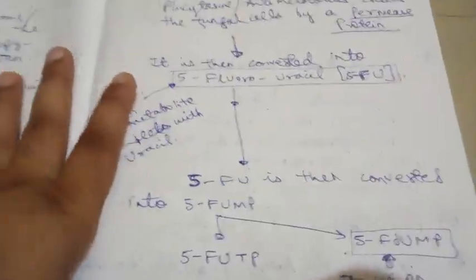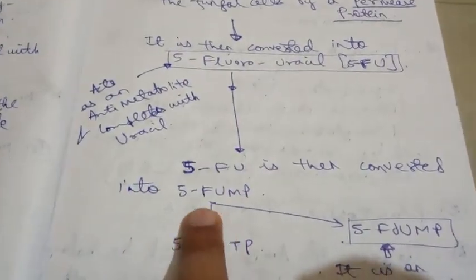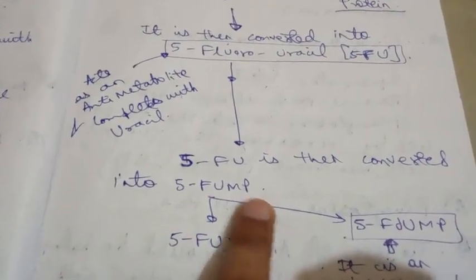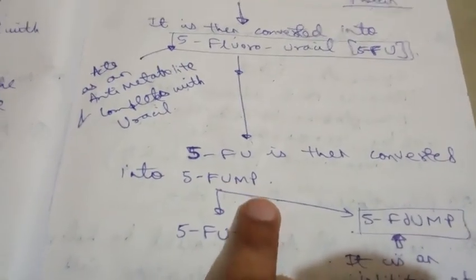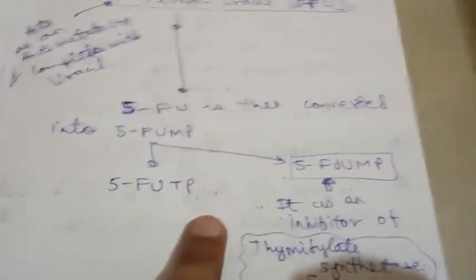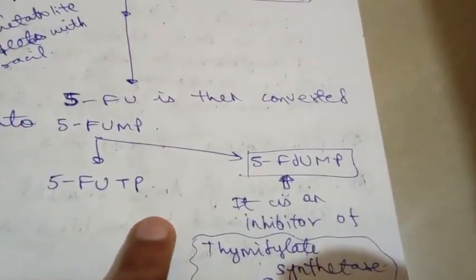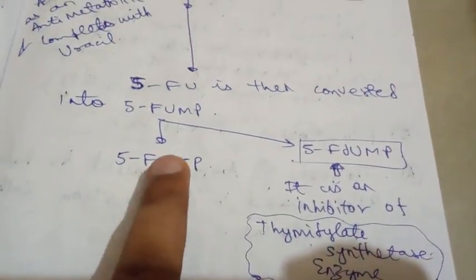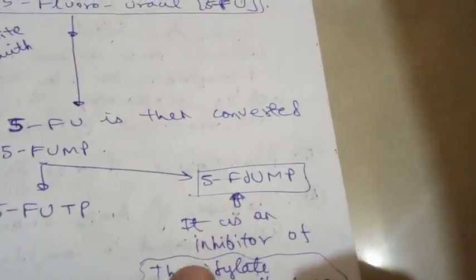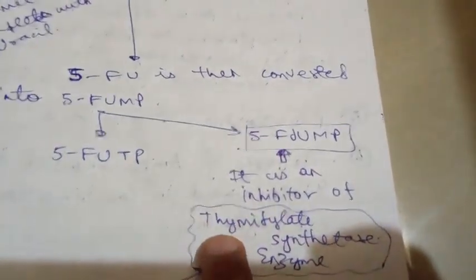Now this 5-fluorouracil will be converted into 5-FUMP, 5-fluorouracil monophosphate. This 5-FUMP will be converted to 5-FUTP and 5-FdUMP. So 5-fluorouridine triphosphate and 5-FdUMP, and this 5-FdUMP is an inhibitor of the thymidylate synthetase enzyme.